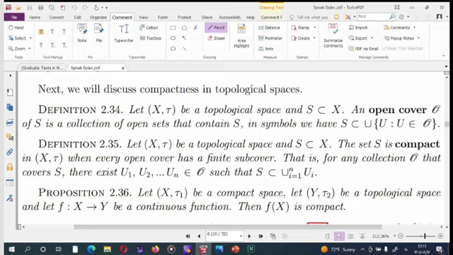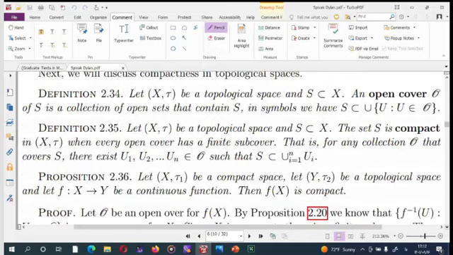Let X and tau be a topological space, and S compact in this topology when every open cover has a finite subcover. That is, for any open collection O that covers S, there exists a finite number of this open cover such that S is a subset of this finite union.